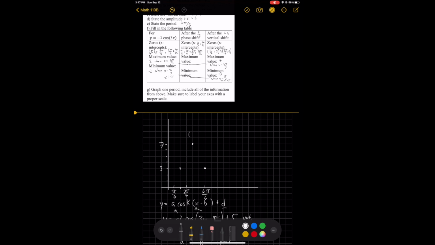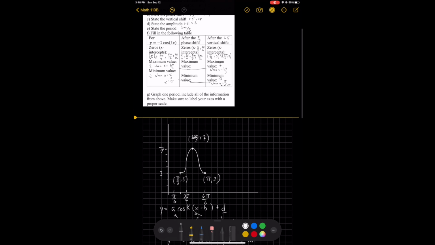And so that max is 2 pi over 3, comma 7. The mins, make sure to label those, are pi over 3, 3, and pi, 3. And it's a curve. And there we go.